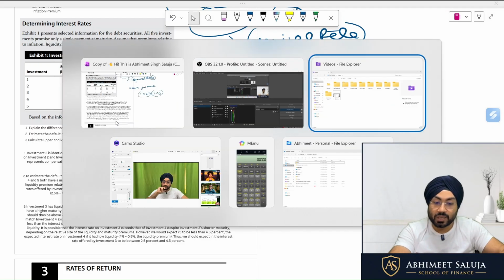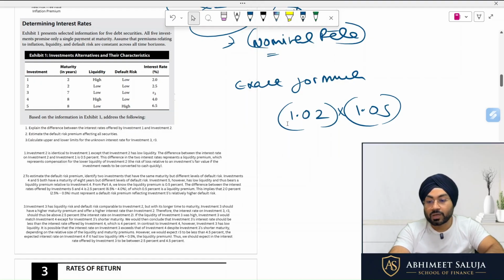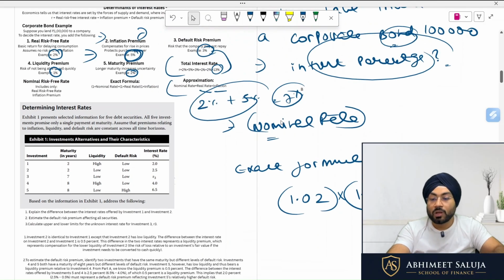Suppose 1.02 into 1.05 gives you 1.071. Now we deduct the one part, the principal part, denoted by 1. This will give you 0.071, which in percentage form, multiplied by 100, is 7.1%. So this is the exact formula of the nominal rate.